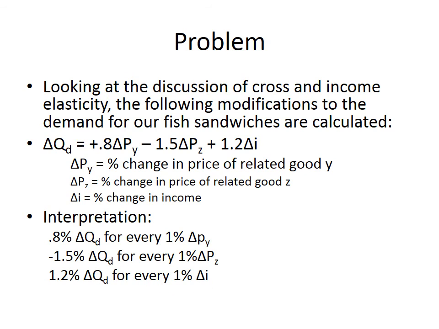Remember, we went through that. That's the interpretation of this elasticity coefficient. It's the percentage change in demand based on a 1% change in one of the other variables, in price of related good Y, price of related good Z, income here. Okay? All right. So far, so good?